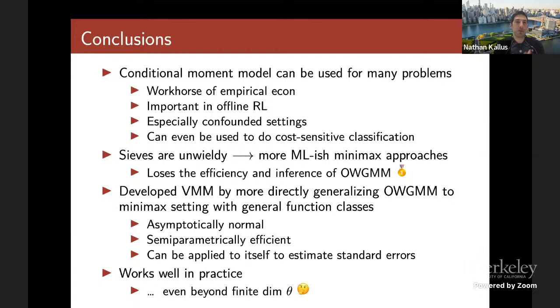You can't use repeated regression, like FQI, which is essentially a DP method, dynamic programming with a regression. So in these confounded settings, you really can't do regression. You really have to think about this as a conditional moment model. It's more like the IV version of offline RL. And I didn't get to talk about this, but you can also do this for cost-sensitive classification.